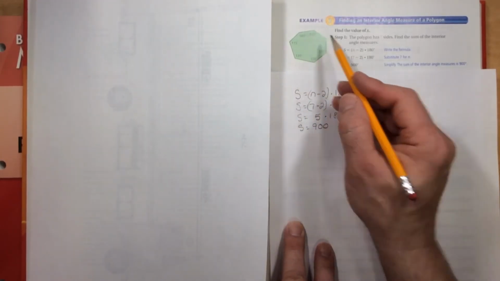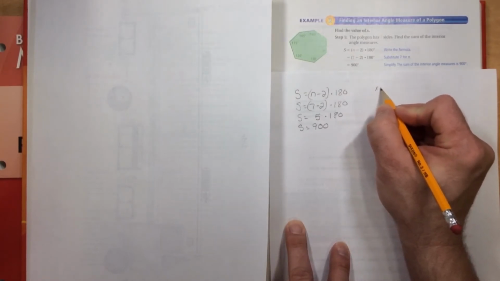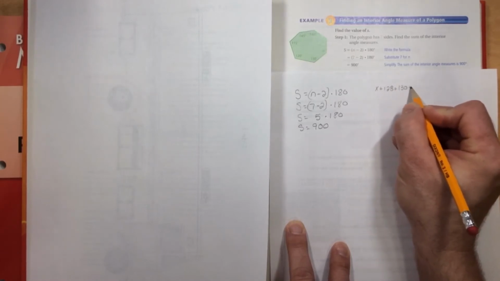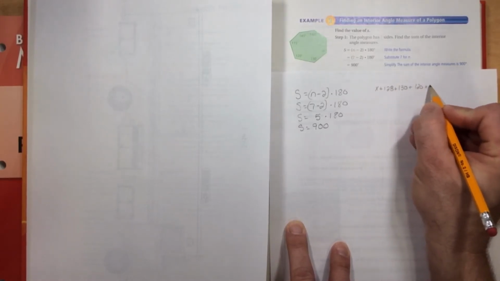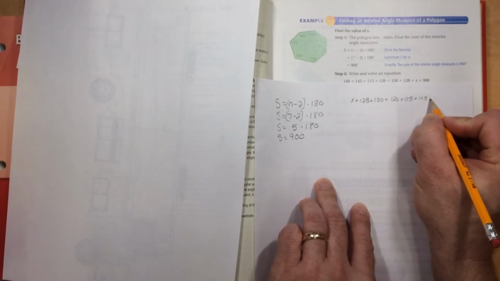We know that all of these added up equal 900. So I can do x plus 128 plus 130 plus 120 plus 115 plus 145 plus 140 equals 900. And 1, 2, 3, 4, 5, 6, 7. Yeah, I got them all.